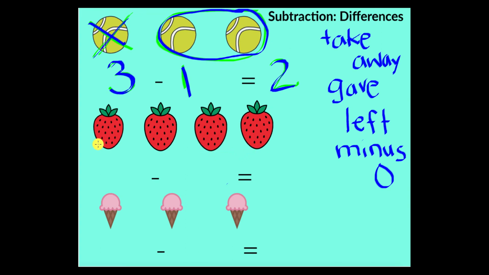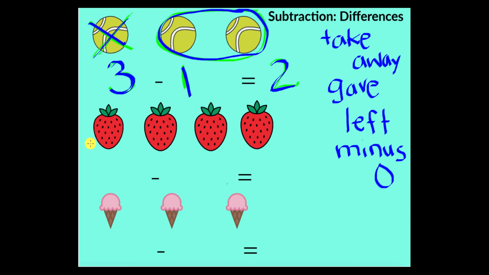Well, my wonderful friend Dolly had 4 strawberries in her lunch, and her friend Sophia came over. And Sophia said, Dolly, may I please taste 2 of your strawberries? And Dolly said, oh, that's kind of greedy, 2 of them? Why didn't you ask for 1? But okay, I will give you 2 strawberries. So guess what?